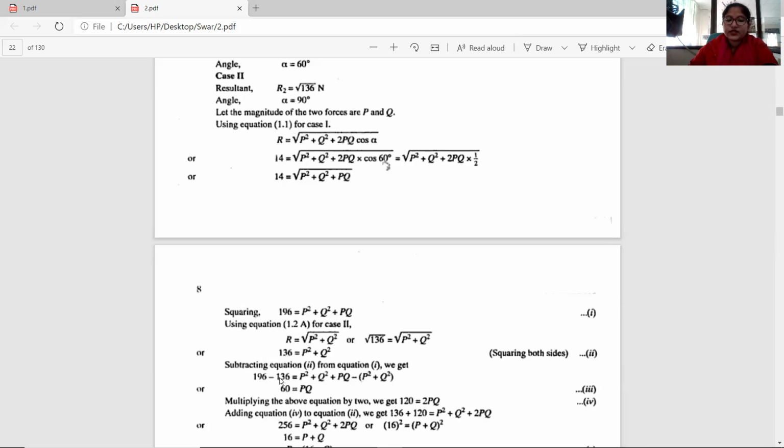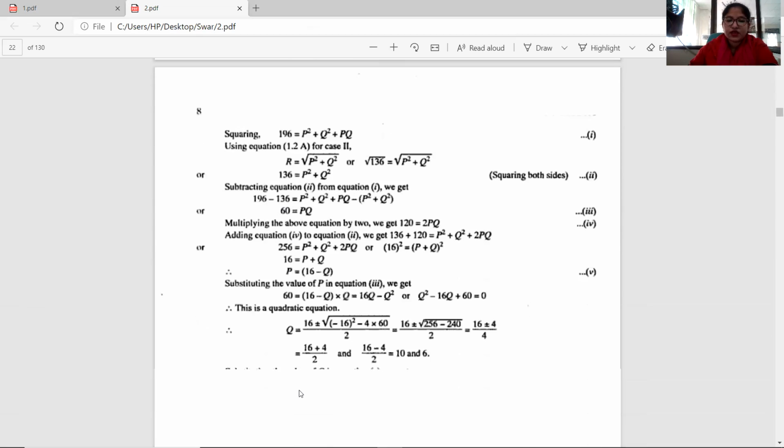Then 196 minus 136 will be 60. The p square and q square values cancel because of the subtraction sign. Then only pq remains. So 60 equals pq.